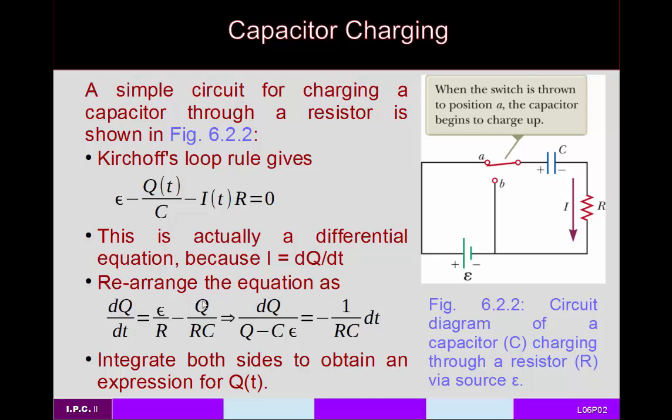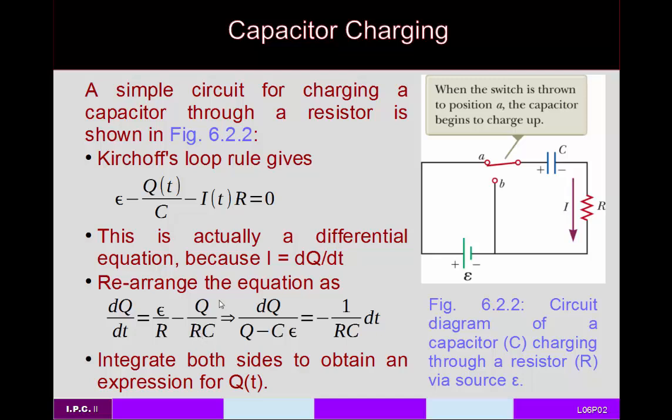And so this equation can be rearranged by noting that if you multiply this by C and divide this by C, you're basically multiplying by 1, so you've not changed the equation. So you'd have C times the EMF minus Q, and that would be divided by RC.